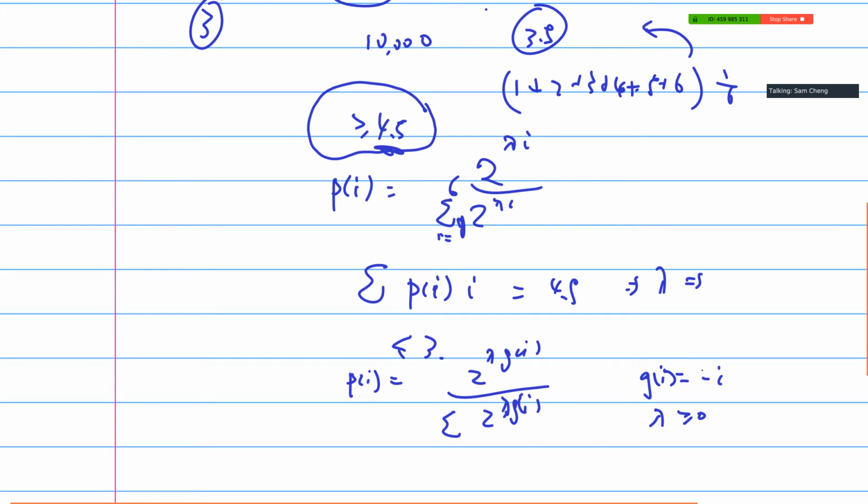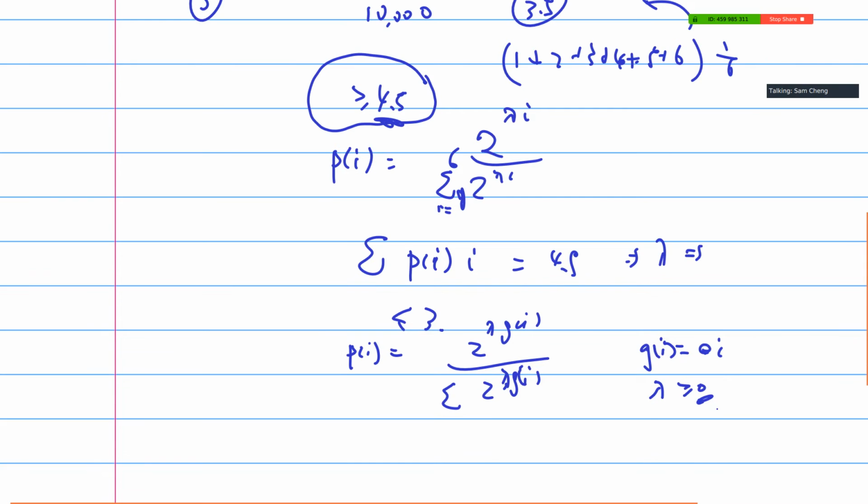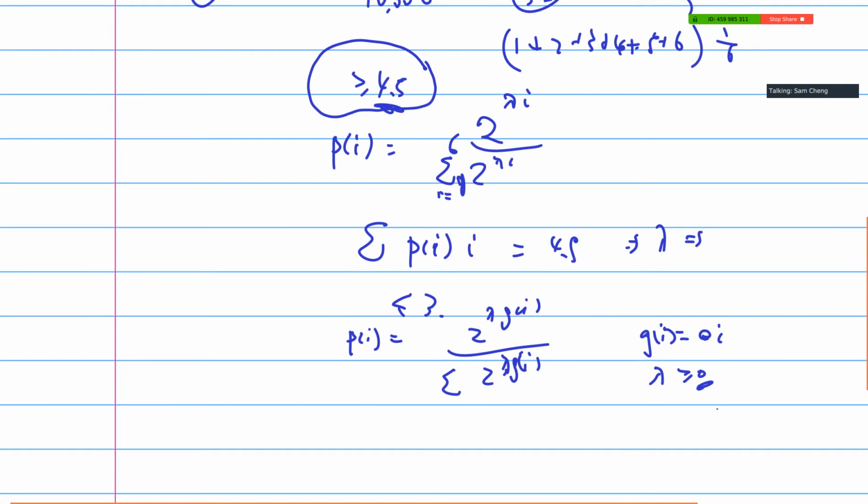Of course, if you ignore that and just say GI equal to I, then you will have lambda less than or equal to 0. Either case, you will be able to solve that, and then again you will get some numbers there. Actually, this one should give you a total number of 544 ones, and this one a total number of 2, 4, 6, 8, something like that.